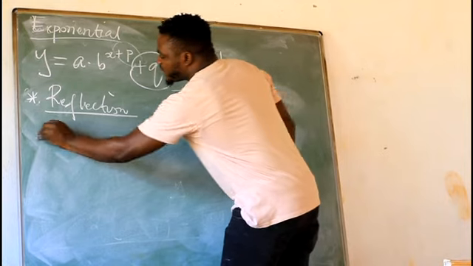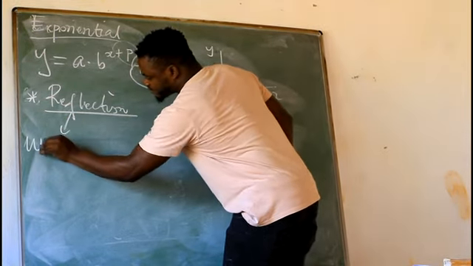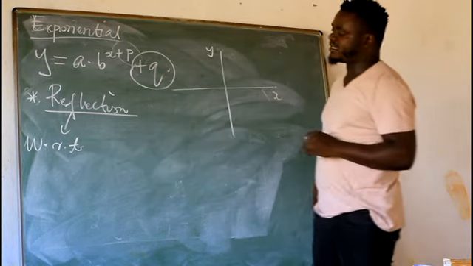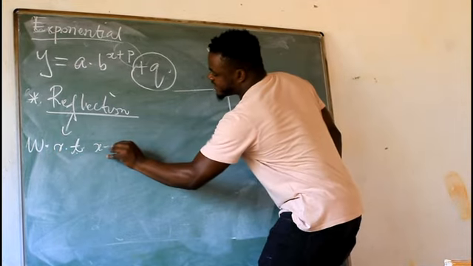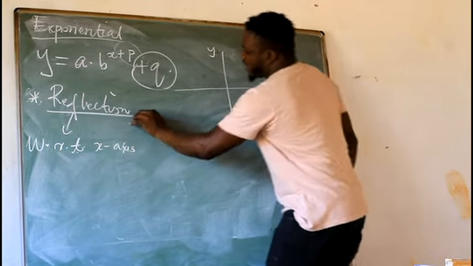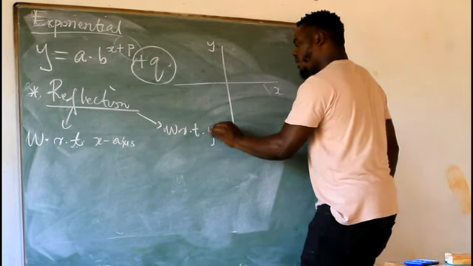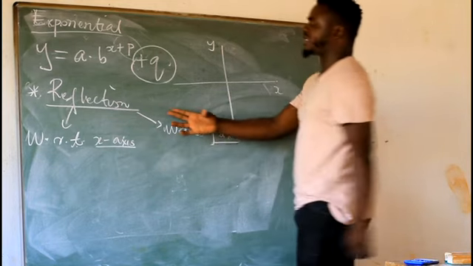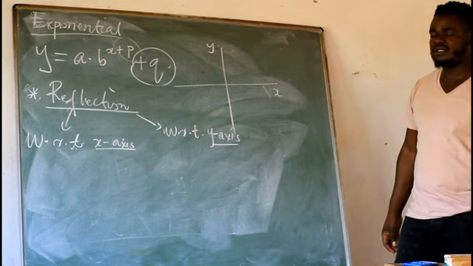Okay. Now, reflection, I'm going to write with respect to, WRT, which simply means with respect to the x-axis and also with respect to the y-axis. That graph is going to reflect with respect to the x-axis and also with respect to the y-axis.